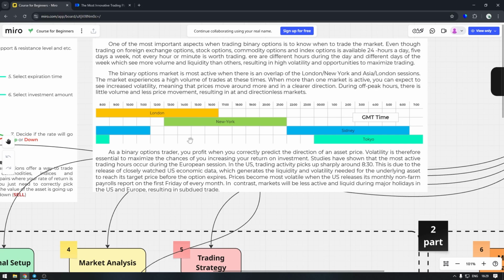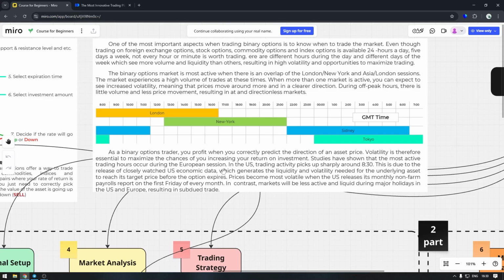And the last one, the American session, 1300 to 2200 GMT. Main assets: US and Canadian dollar, Swiss franc, and American indices. Here is really maximum volatility, often sharp movements, and you can use news trading and breakout strategies.